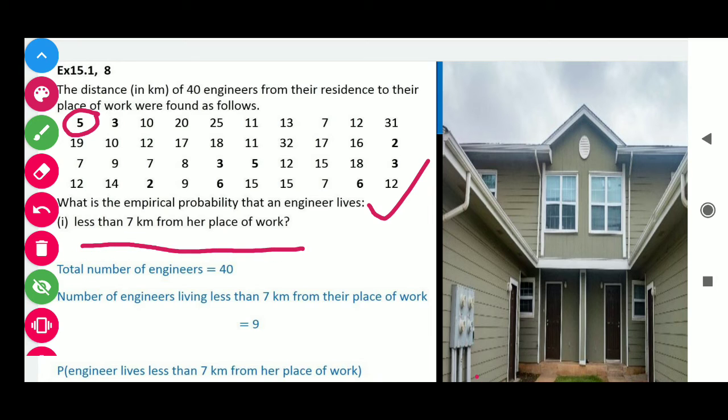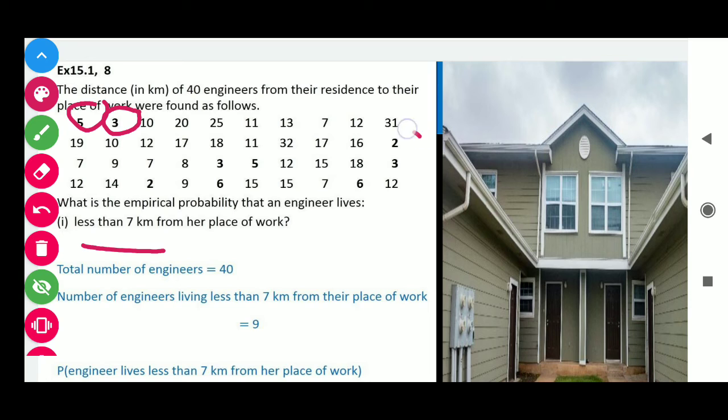So students, in this way, you need to count the total number of engineers who live less than 7 kilometers. Total number of engineers are 40 and number of engineers living less than 7 kilometers are 9 in number. You can calculate this from the given table. Here less than 7 kilometers are 5, 3, and we can't take 7 because we need to find less than 7.